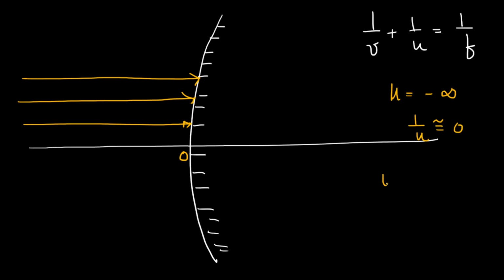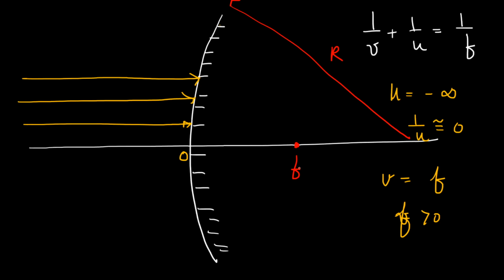Now what this means is that v is equal to f. Sorry, f is now positive. If you want me to draw it, remember that this is the radius, and half of that, something like here, is where the focus is.